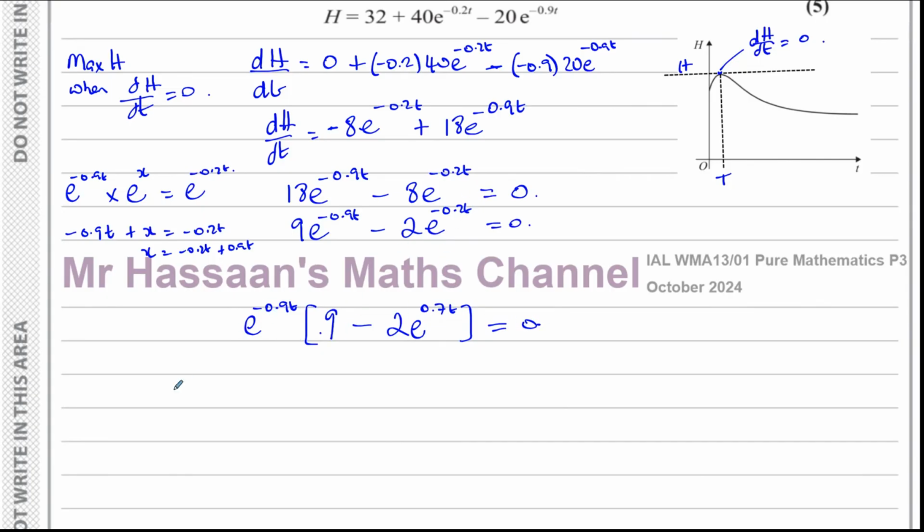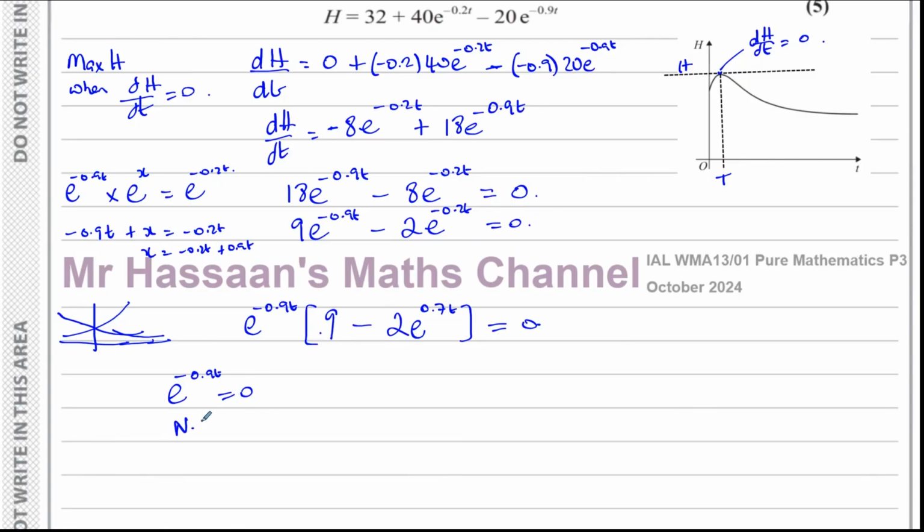So I have either this part equals 0, which can never happen, because if you think about it, e to the power of something looks like this. When I put it as e to the power of negative 0.9t, it's going to be something like this, and it never reaches 0.